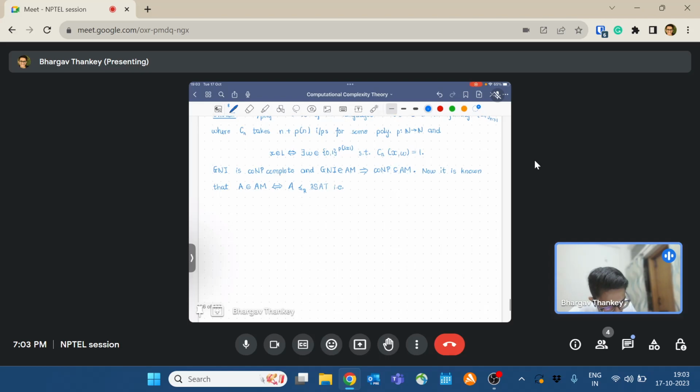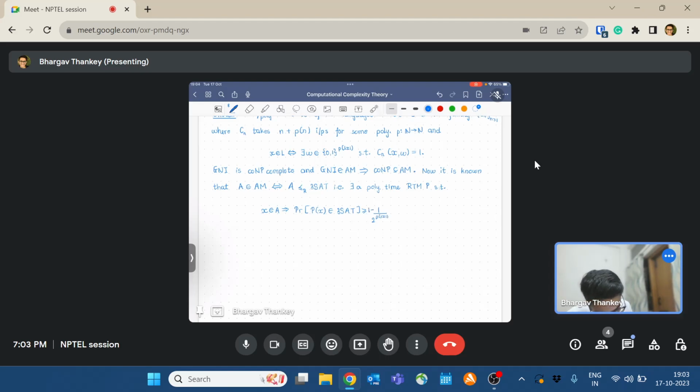So there exists a polytime randomized Turing machine P such that X in A implies that the probability that P of X is in 3SAT is at least 1 minus 1 over the P size.